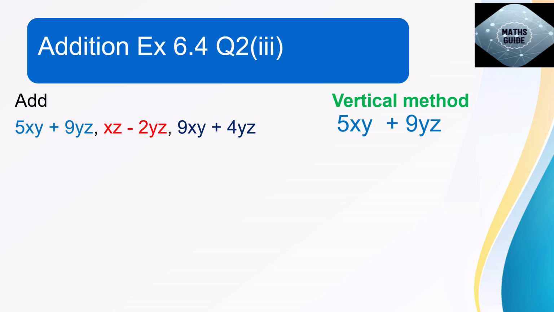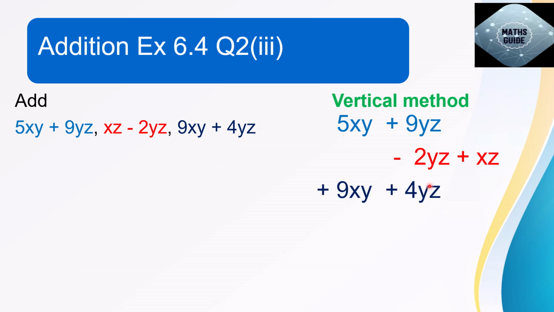We will write the first expression on the top, the second expression on the bottom, but we have to make sure that like terms align. For example, here the variable is yz, and here the variable is again yz. So we will align the like terms, and those which are unlike will be written separately.